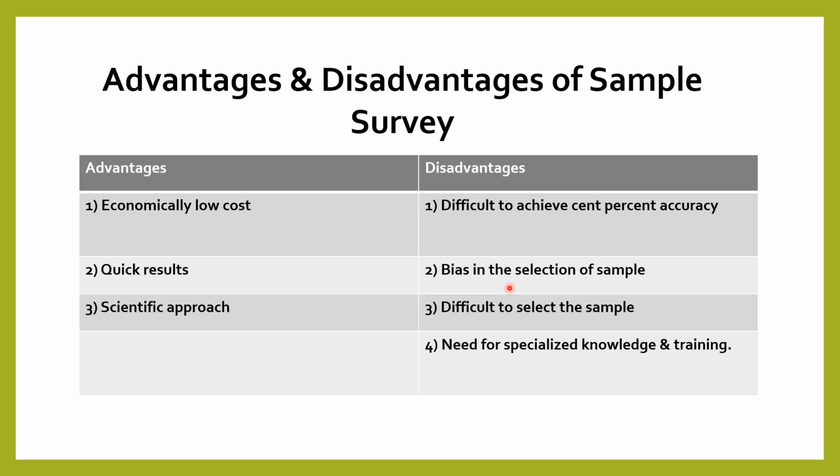It should be equal. Equal importance should be given to all the people in the class or anywhere. If the selection of the sample is biased, if the investigator is biased to some people, then how can the results be accurate? So the bias should not be there. This is the disadvantage. If there is bias in the selection of the sample, then the inferences made from the sample and the statements given about the population may not be true and reliable.